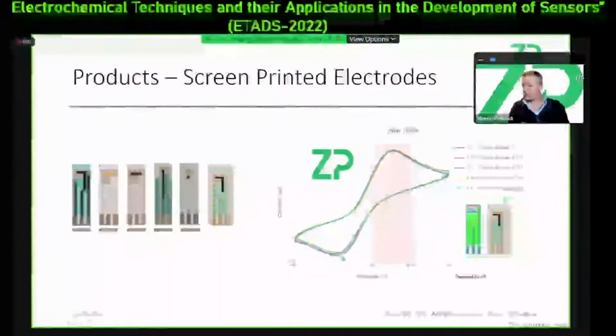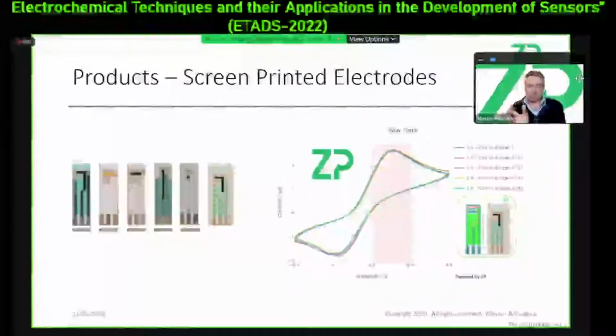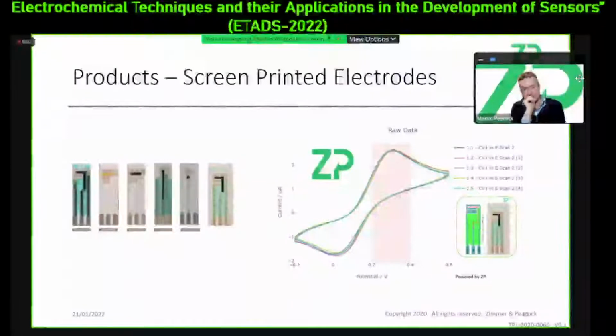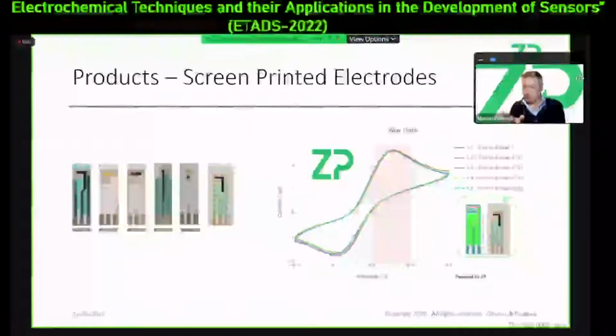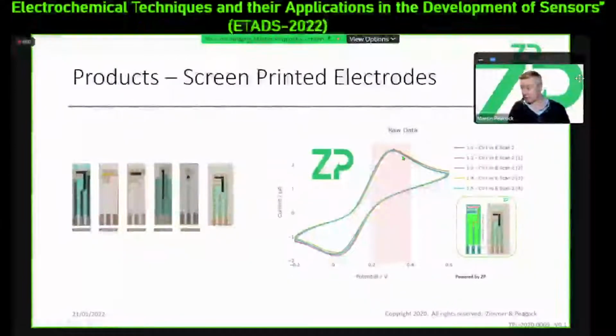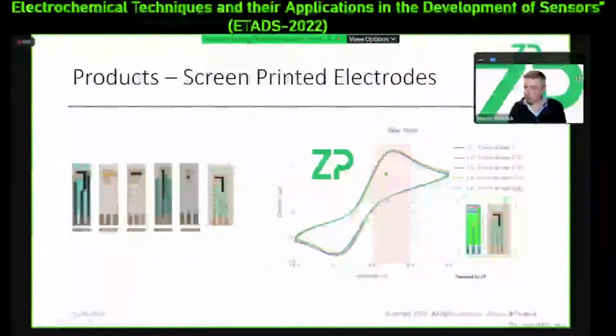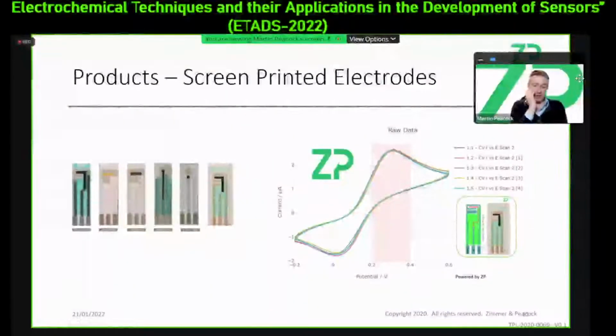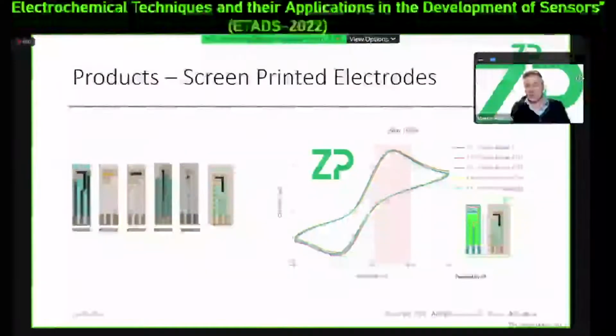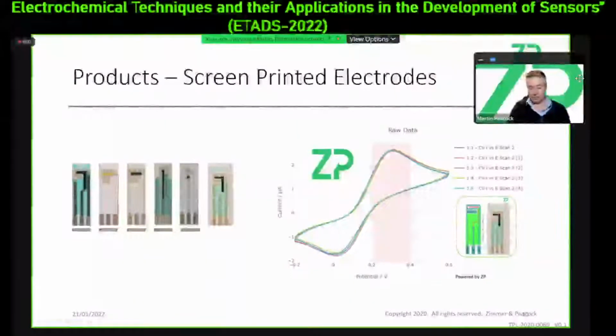The reason I mention it is that if you get five screen printed electrodes and test them with an electrochemically active molecule, you'll find they can be quite variable. But this was the data we recorded yesterday on our sensor, and you can see that the peak position and the peak heights are really overlapping. I would challenge people to find other sources of screen printed electrodes other than ZP where you could find this kind of reproducibility and quality.